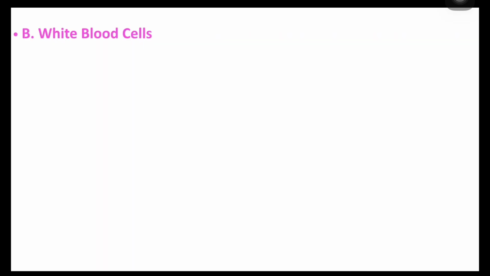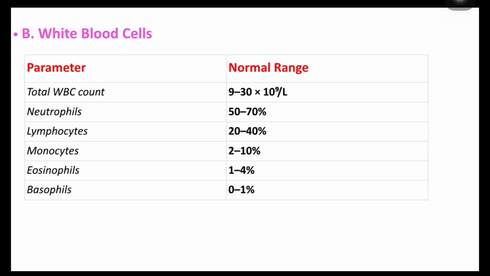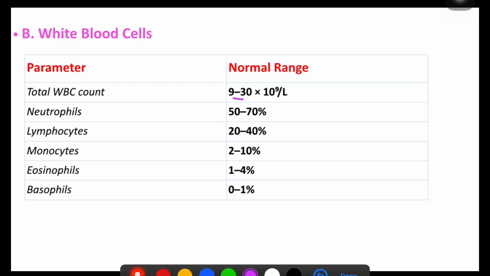Now, let us see WBC parameters. So, here it is 9 to 30 thousand total WBC count, which is normal for a term neonate. So, whenever you get a high count, do not consider it a leukemoid reaction or leukemia.